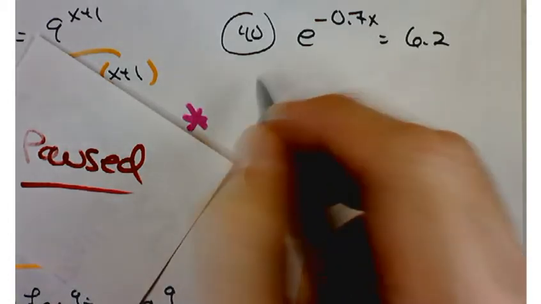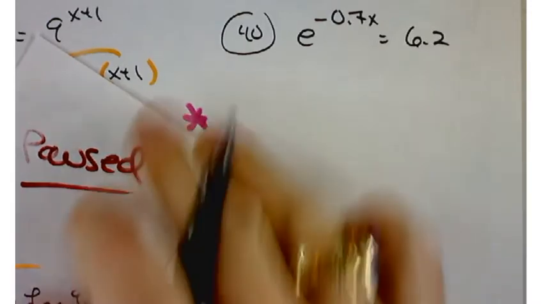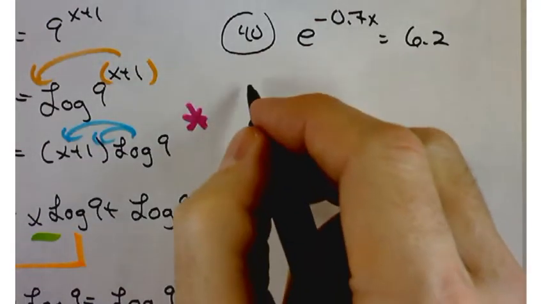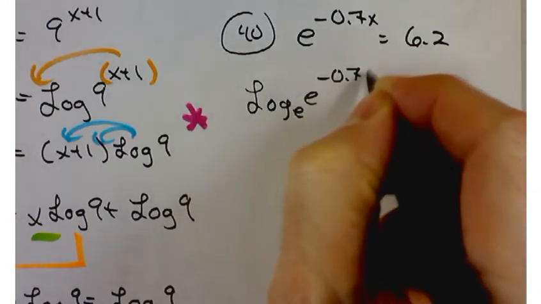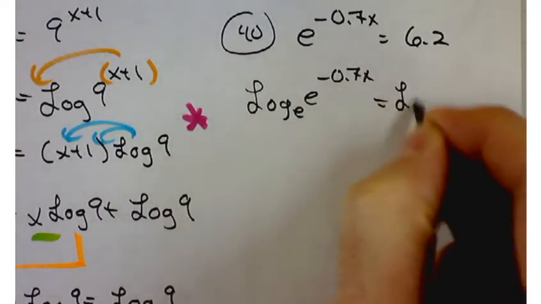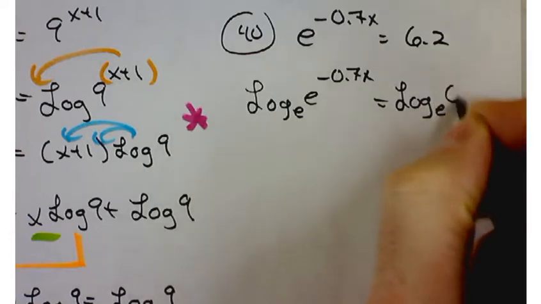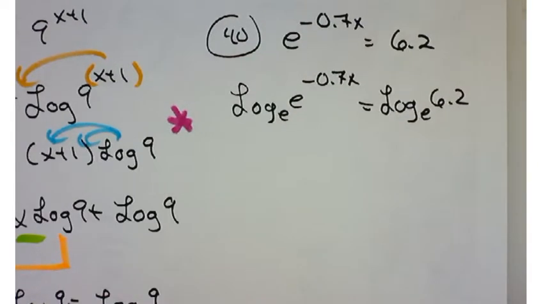Bella, how should I start off? Perfect. Perfect. Bogdan, do I get any simplification here?